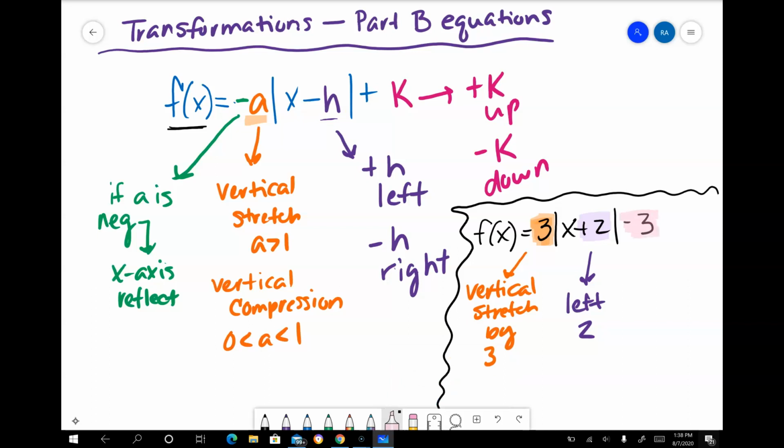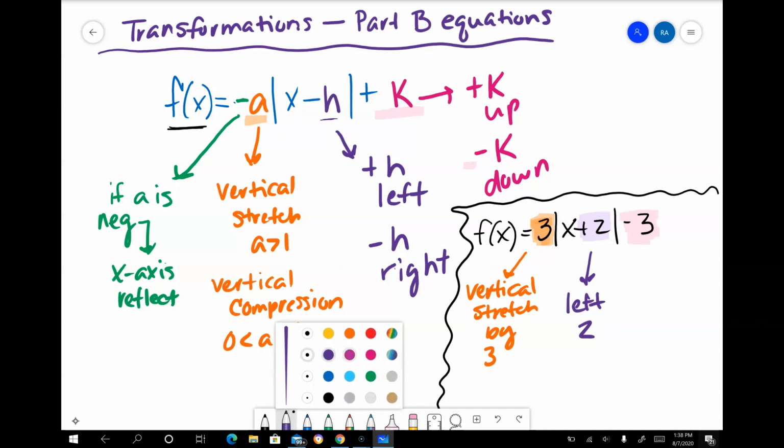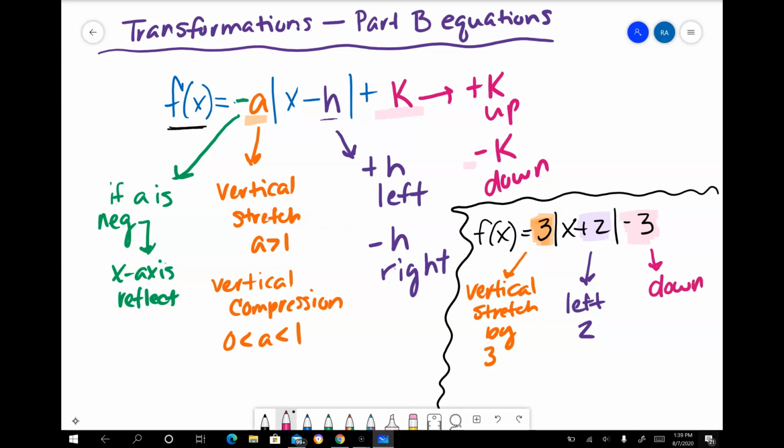That negative 3 is where the k is, and a negative k means I went down. So we're going to say we went down 3. And that is basically all we are doing: stating what is there that's not there in the parent function, and then telling me what it did to the parent function.